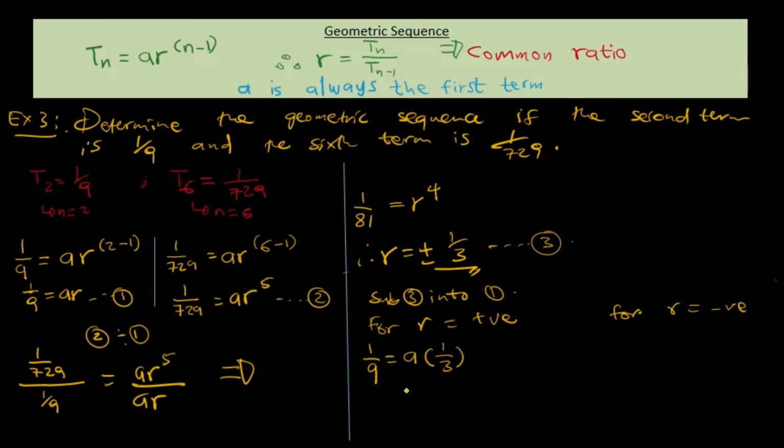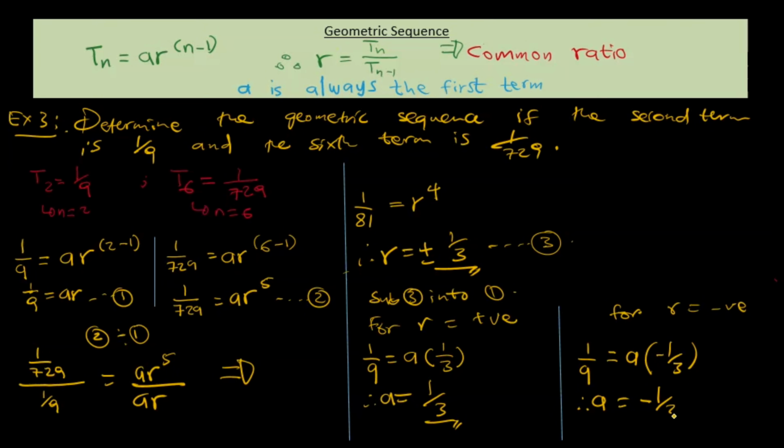Therefore, because I'm going to multiply both sides by positive 3, A will be 1 over 3. When R is negative, you still use equation 1: 1 over 9 equals A times minus 1 over 3, the value of R. Therefore, A will be negative 1 over 3.